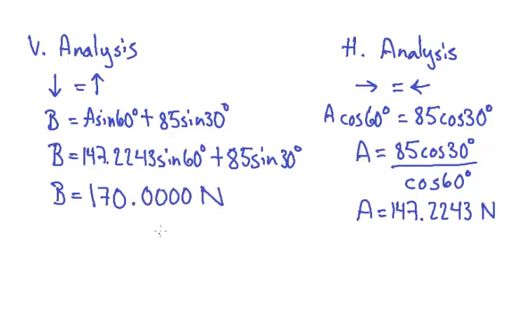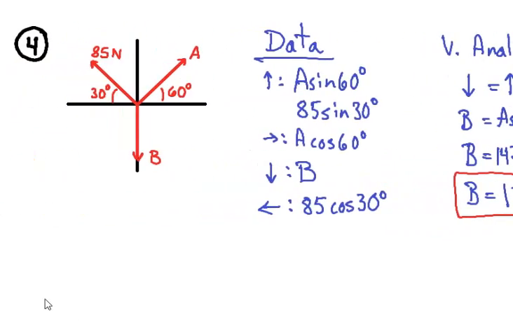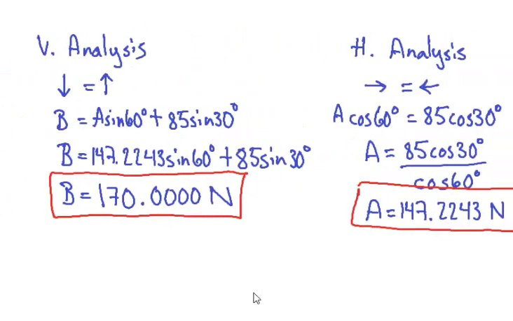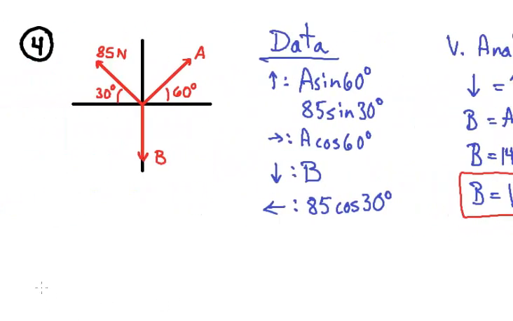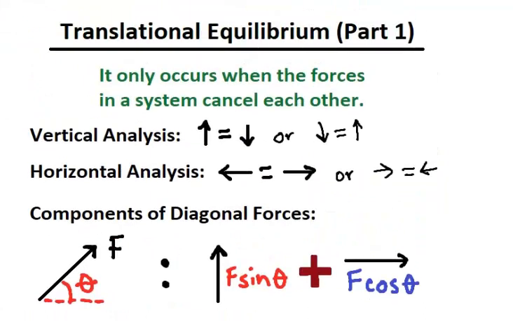Okay, that's if I decide to round the answers. So with that process, I have already found both of the forces that were missing on the diagram that we have in here. So that's how we work with translational equilibrium diagrams. In this case, these force diagrams can be solved with a vertical and a horizontal analysis.